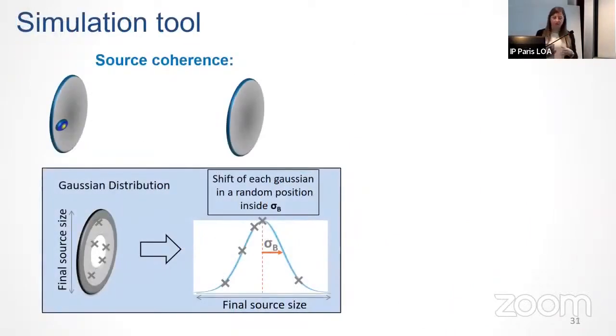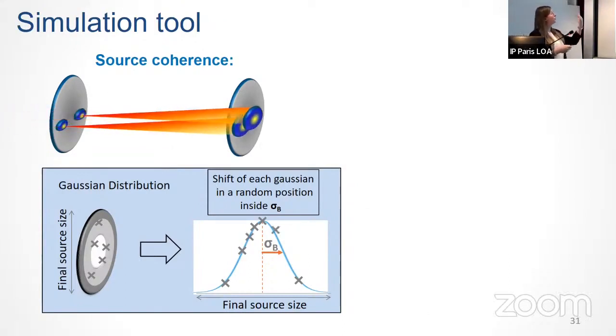In our simulation tool, we were very interested in looking at the level of coherence and controlling the level of coherence of the incident beam. So how did we do it? We took a Gaussian beam inside the source and propagated up to a plane after a certain distance. Then we moved our Gaussian, multiplied by a quadratic phase factor, and propagated again.